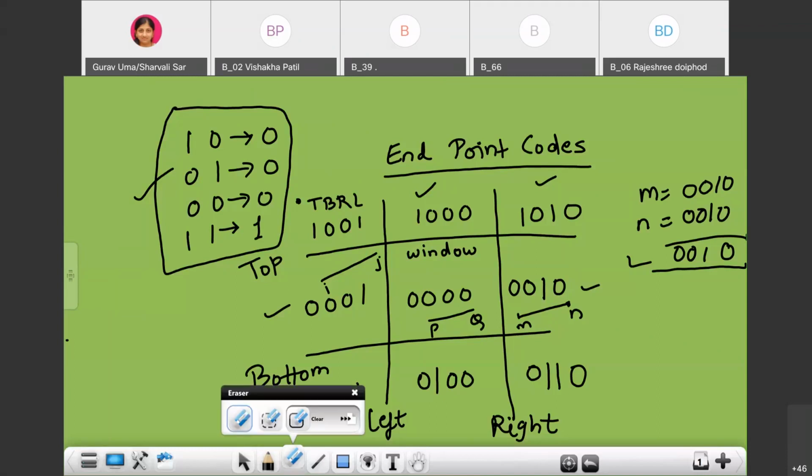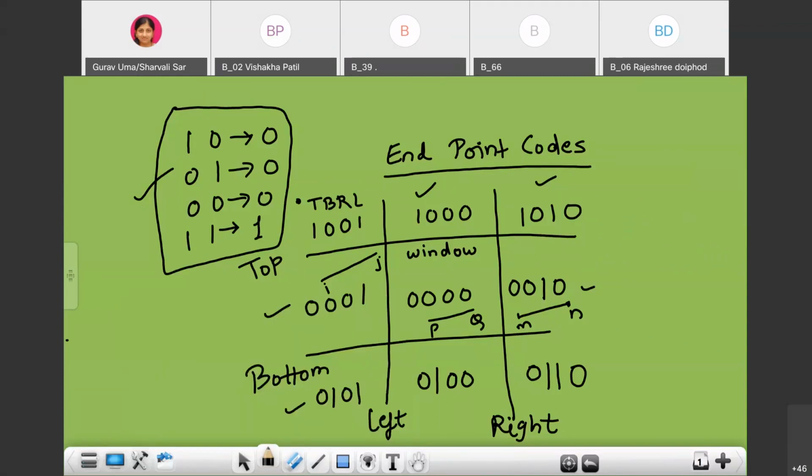Now let's consider the next line. Suppose this is my line, with points named A and B. For the line AB, my point A is 0, 0, 0, 0, and my point B is 0, 0, 1, 0.